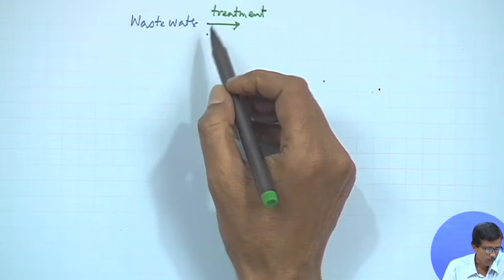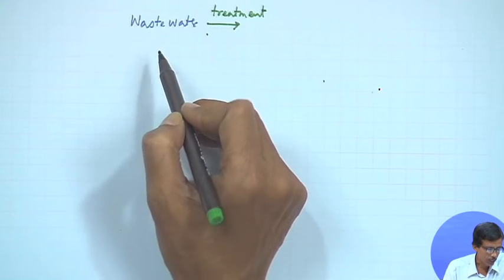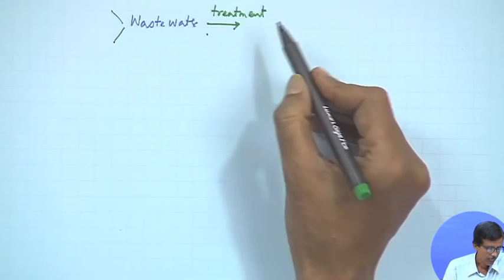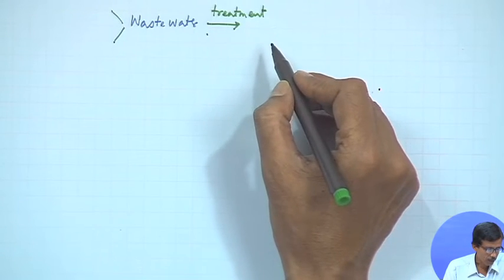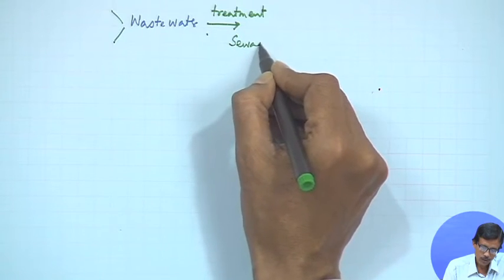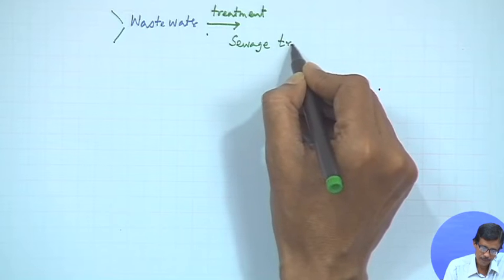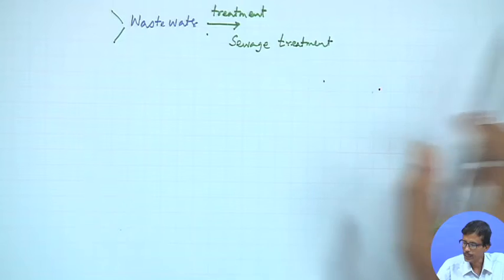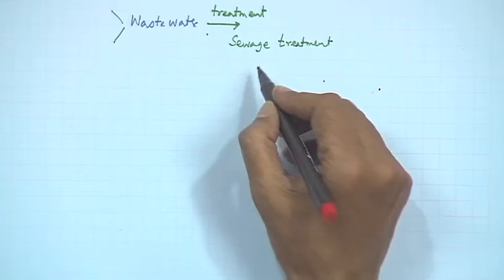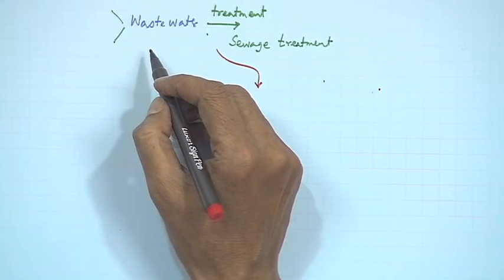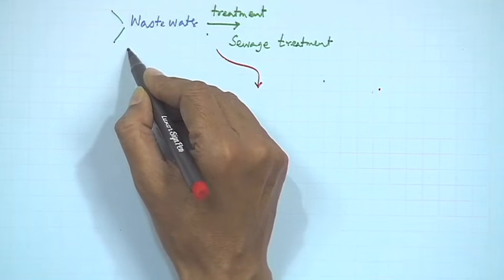So, titrations can be used for sewage treatment, where a large amount of fatty acids which are volatile are present.